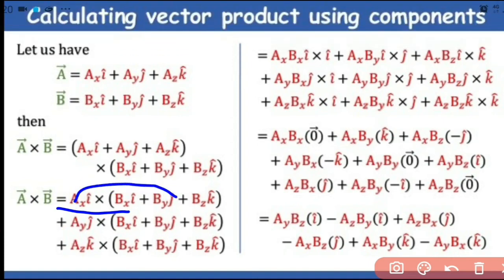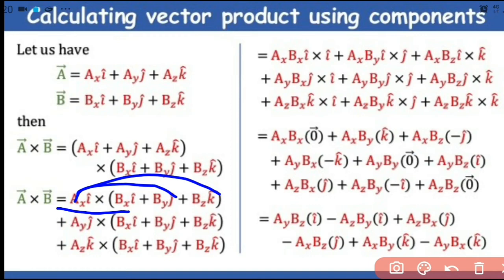Then second term ax by i cross j. Then the third term ax bz i cross k. So when you take the cross product, don't change the order. You have to keep the same order, because if the order changes, the product becomes negative.